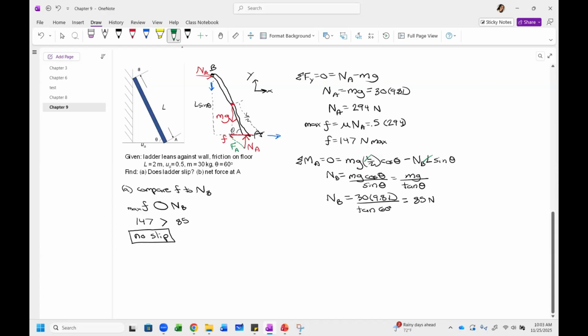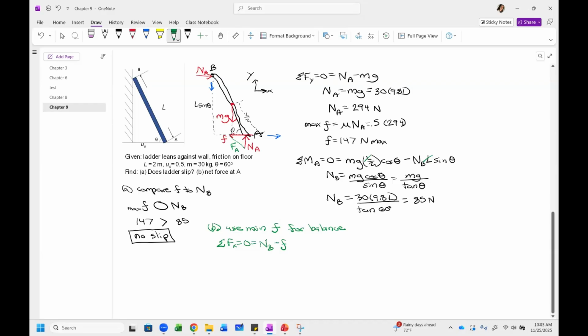Well, in order to keep the system in equilibrium, the friction force just has to oppose the weight. So we'll say here for part B, use minimum friction force for balance. Sum of the forces in X equals 0 equals normal force at B pointing left minus the friction force at A. Normal force at B points right, friction force points left.